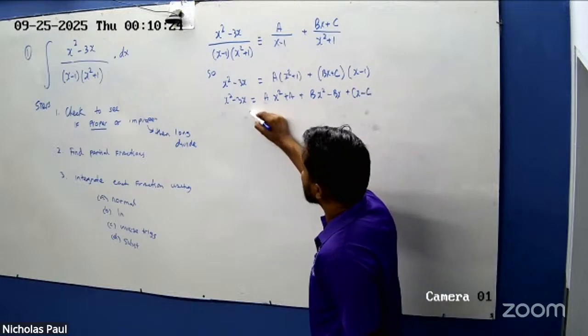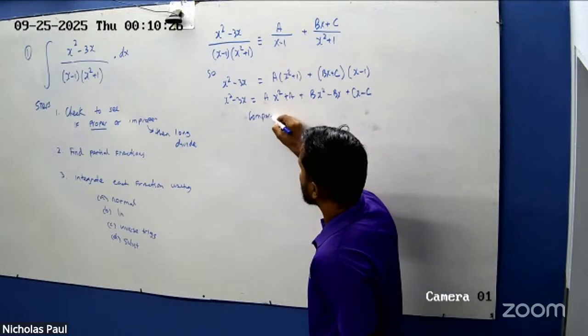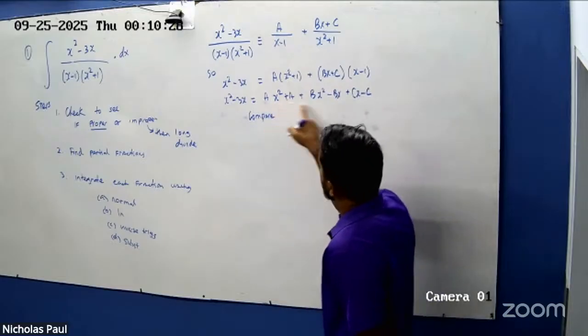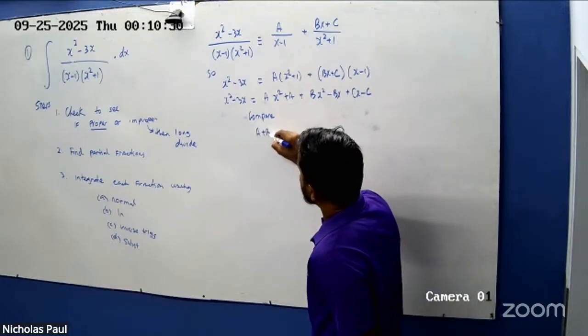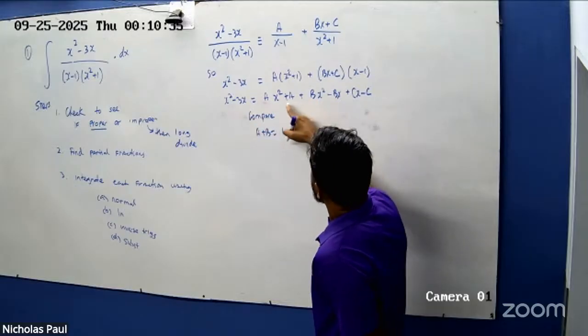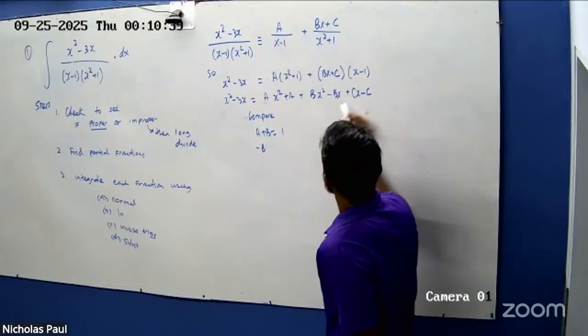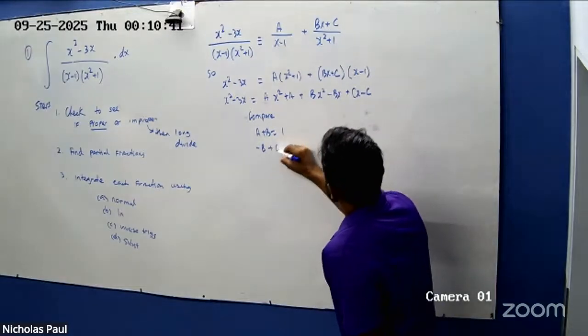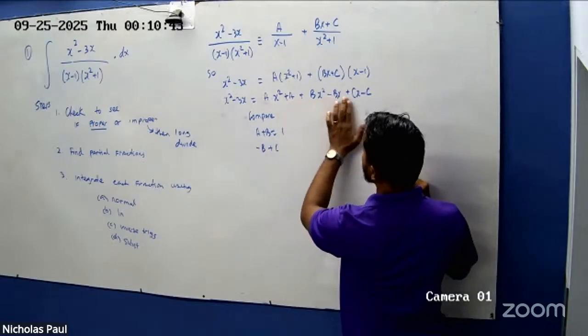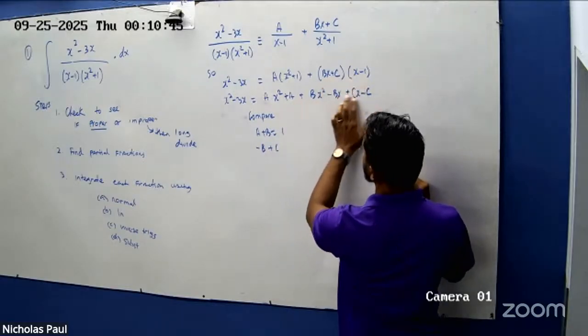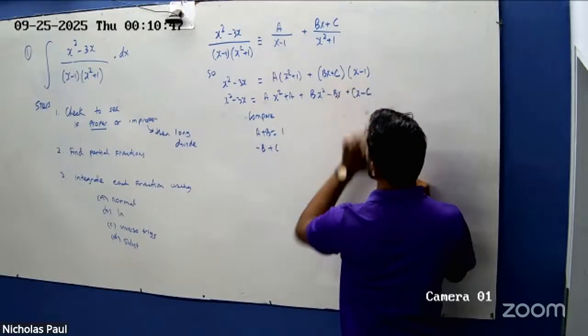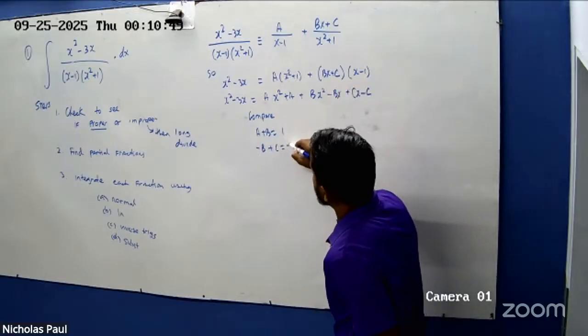We can compare the coefficients and we'll get a plus b equal to 1. Then we will get minus b plus c equal to minus 3.